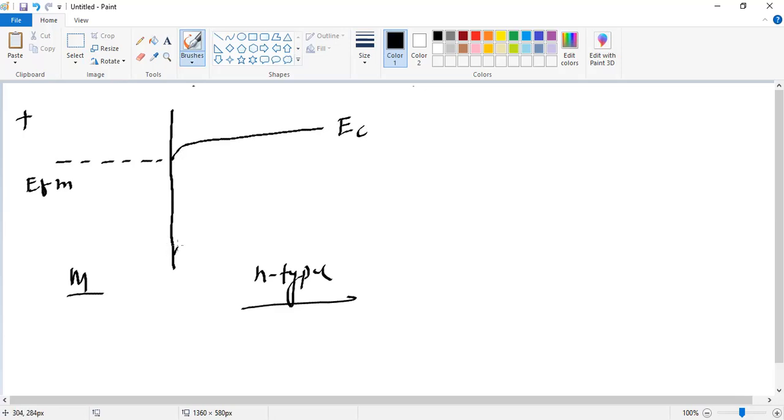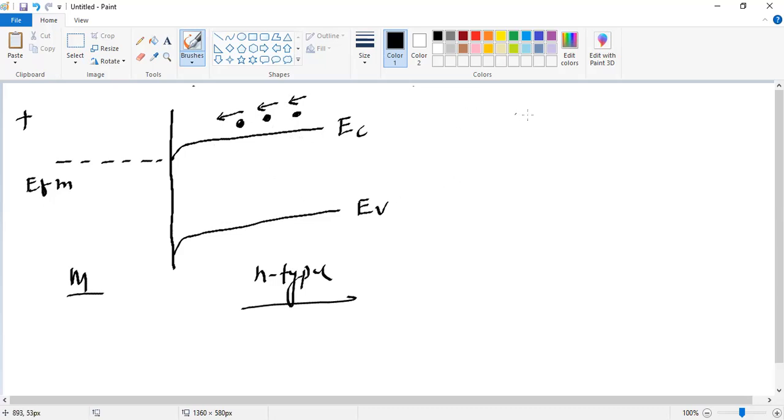A similar band bending will be observed in the valence band. Now the electrons in the conduction band are moving downhill and not seeing any potential barrier. So it is easy for them to move from the conduction band of the semiconductor side to the metal side. With positive voltage applied to the metal, electrons can easily flow downhill from the semiconductor to the metal.